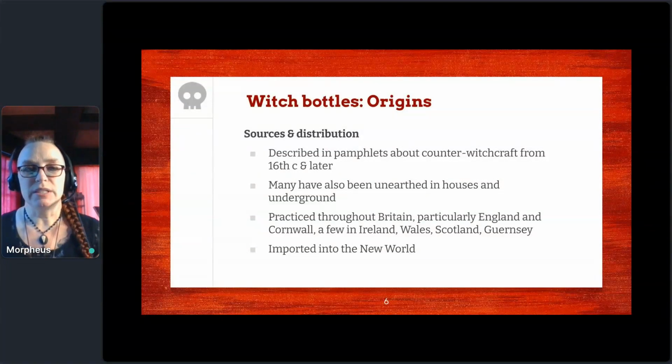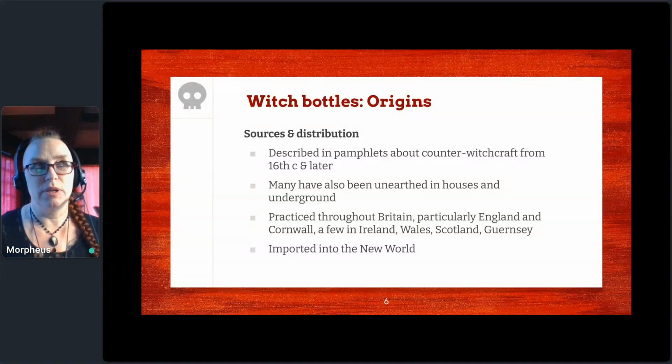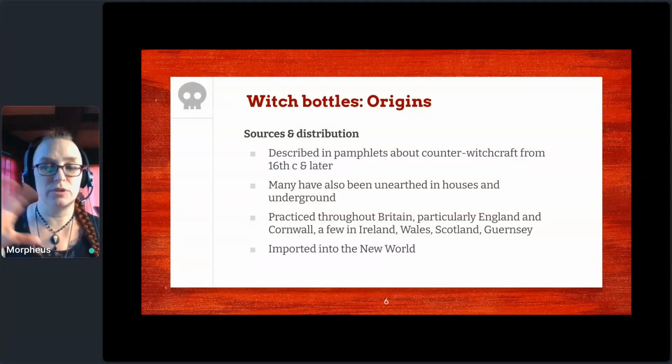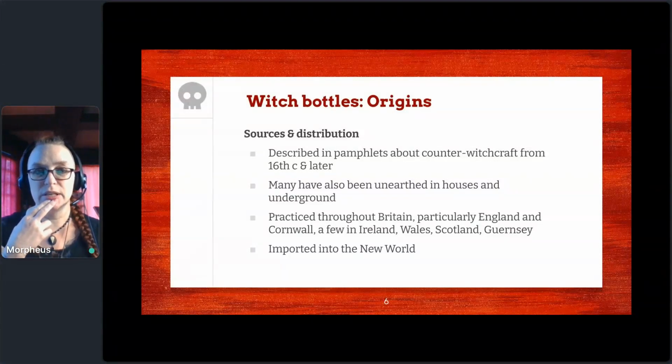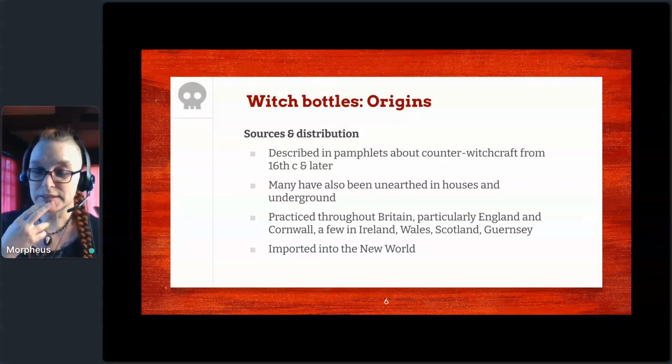They're found throughout Britain, but they are concentrated especially in England and Cornwall and the southern part of the island. There are a few examples from Ireland, Wales, Scotland, or Guernsey Island.